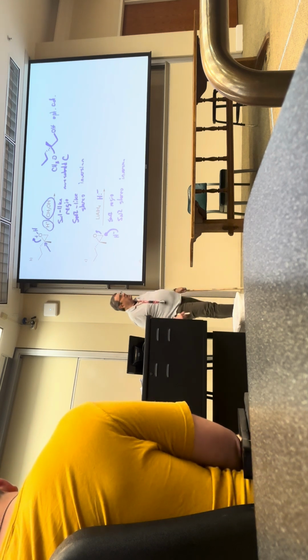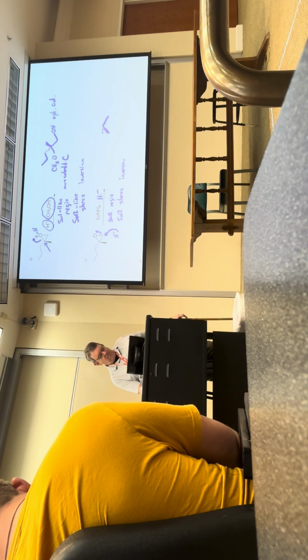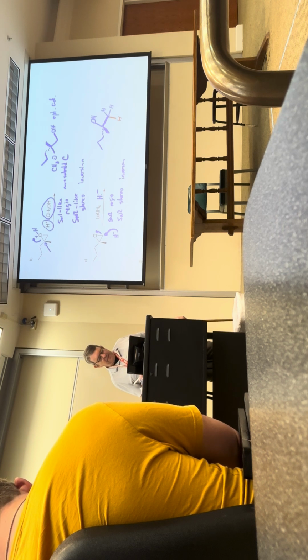So what you would have here is, these would all be the same. You would have OH here, and the hydrogen you added is that one there. It would be okay just to write this as CH3.